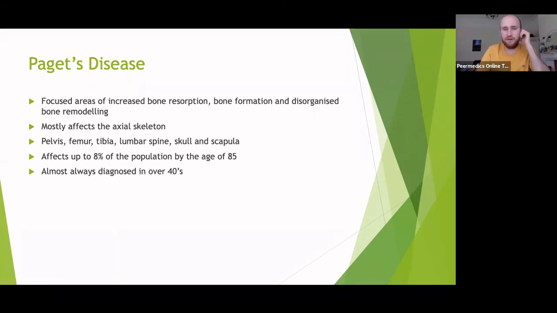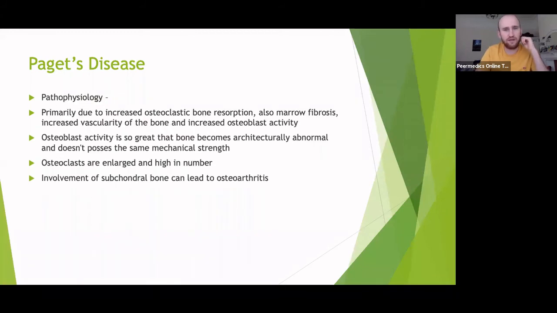But as I'll show you next, nerve compression can be a symptom. So your pathophysiology: increased osteoclast bone resorption, increased osteoblast activity, but then it's the disorganized bone remodeling that means the architecture is abnormal, and so it doesn't possess the same mechanical strength.